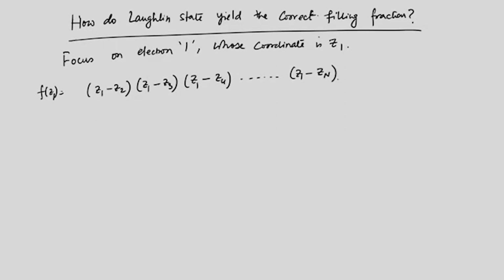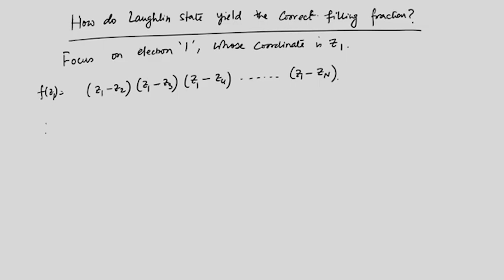So, if we just write down this product, or this coefficient product for a particular value of z, which is say z1 here, that corresponds to electron number 1. So, we are talking about just a single electron.